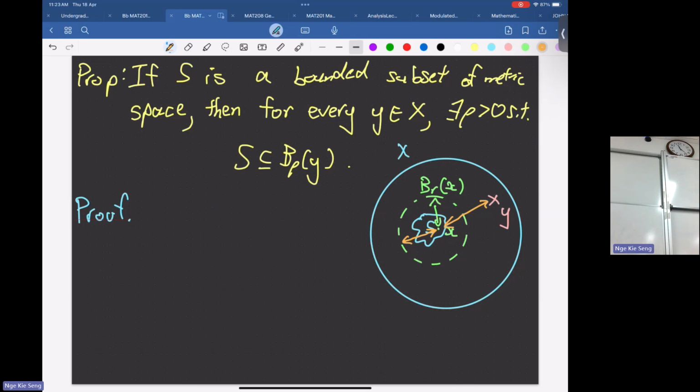Then we're trying to prove that the ball of radius dxy is the ball we want. So we want to prove this. Let's try. Let's write this picture into words. Assume X is in some ball centered at X.